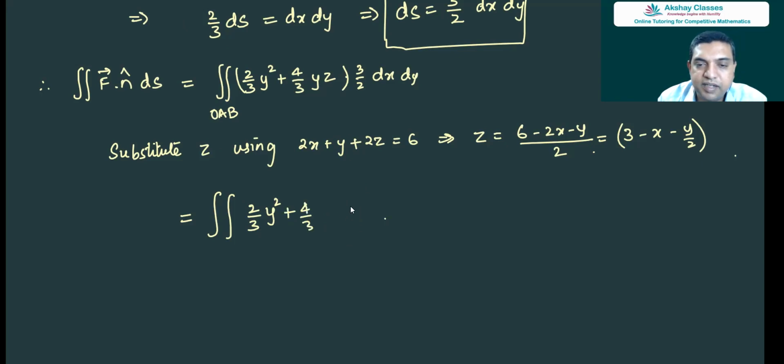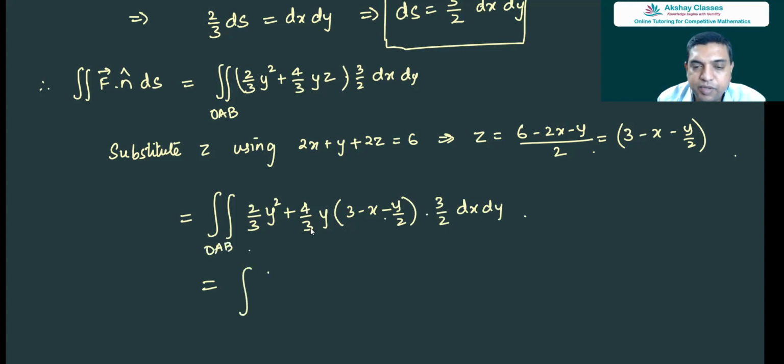Plus 4 by 3 yz, so y times z. Z will now be 3 minus x minus y by 2, times 3 by 2, dx dy. I'm still writing this as OAB. Now let us see. Multiply throughout. Let us see what we get.